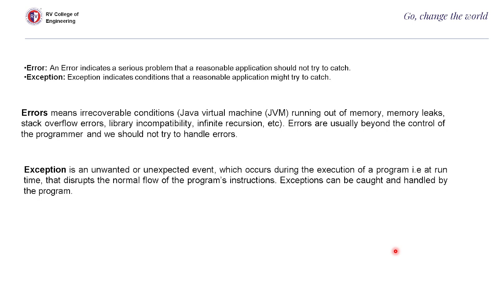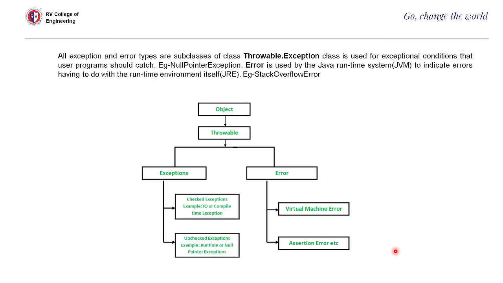Next one is exception. We are all familiar with exception. Exception is an unwanted or unexpected event which occurs during the execution of the program at runtime. That's why we call it a runtime exception. Exception means a runtime error. Then this is the exception hierarchy.